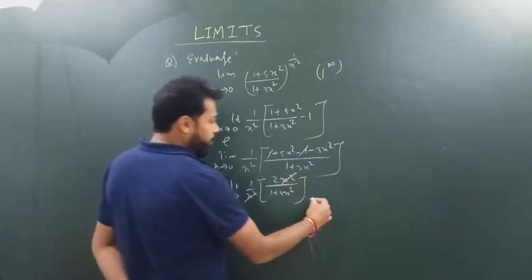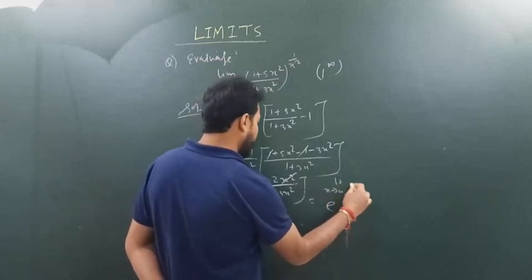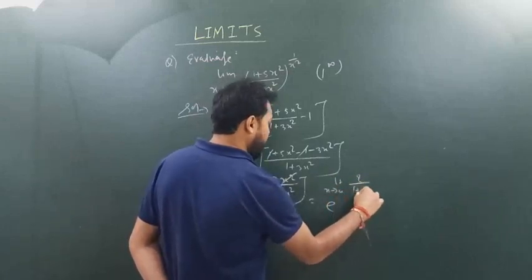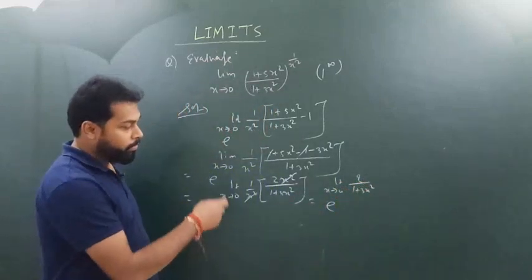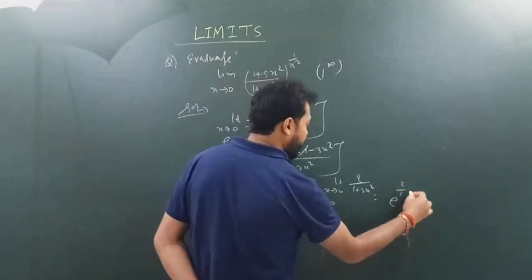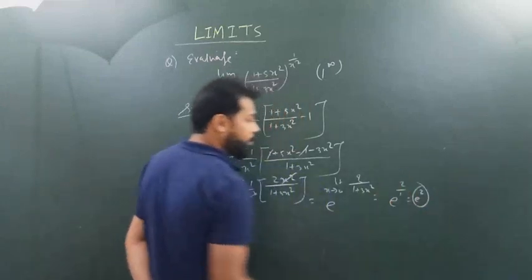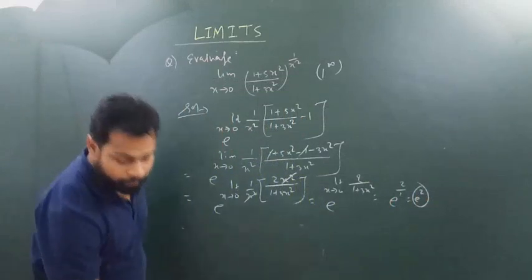So we are getting e power limit x tends to 0, 2/(1 + 3x²). Now you can put x equal to 0 here, then we get e power 2/1, that is e². So the answer is e power 2.